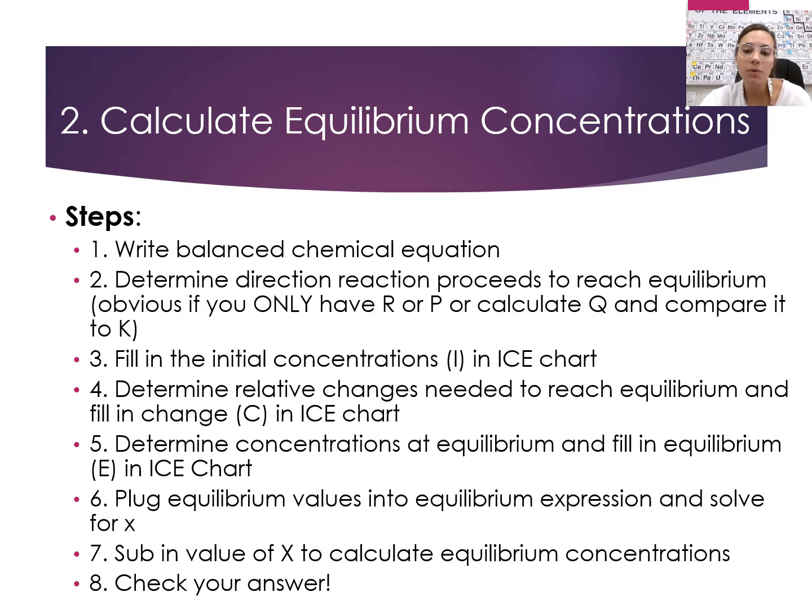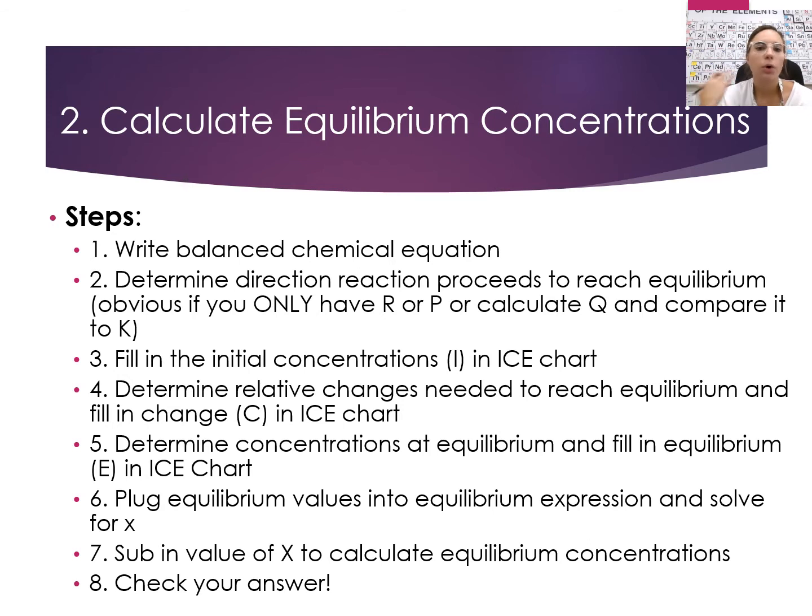So for people who like to have a step-by-step process, I have those steps written out here. And in the next couple of slides, I'm going to go through how to work this problem following these steps. Now, when you actually work these problems on your own, you don't need to write out step 1, step 2. This is just for people who like in their learning process to have actual steps.